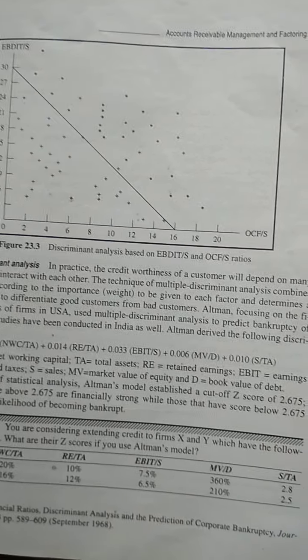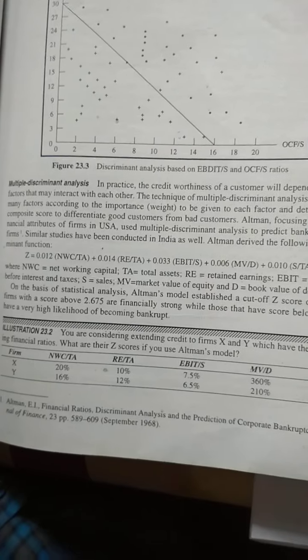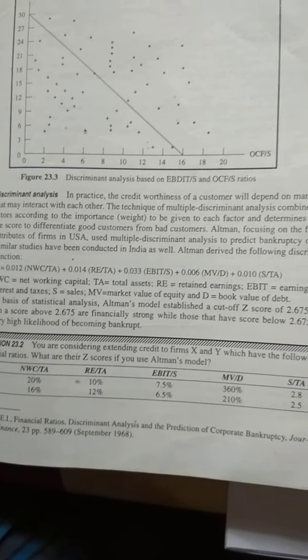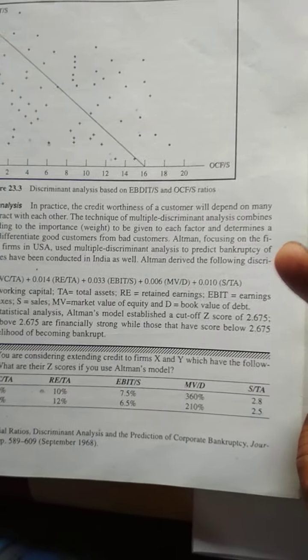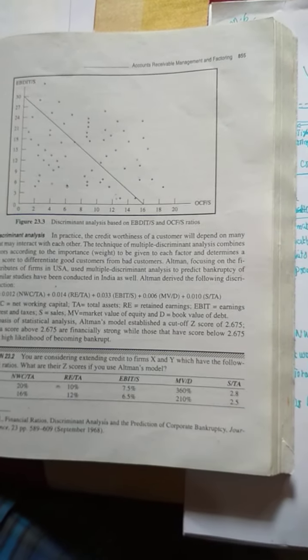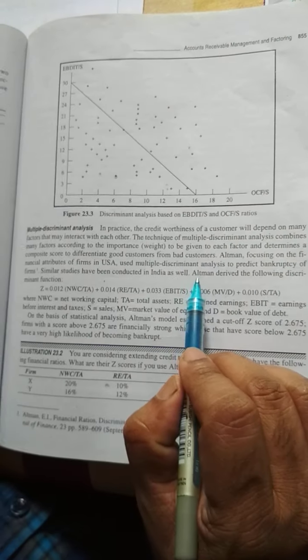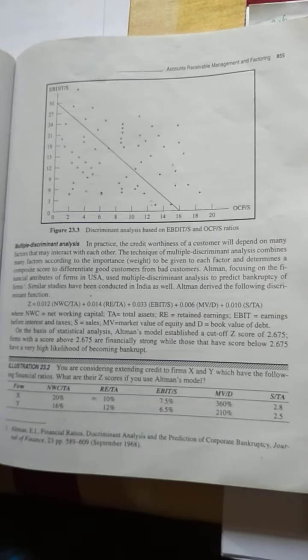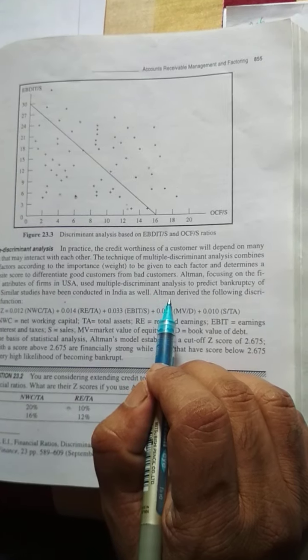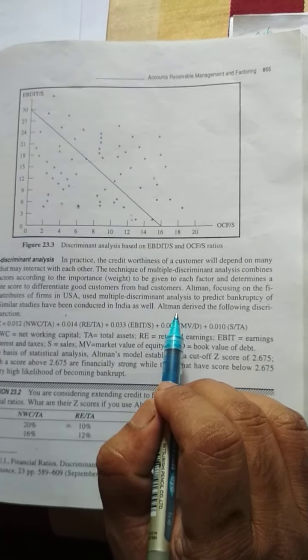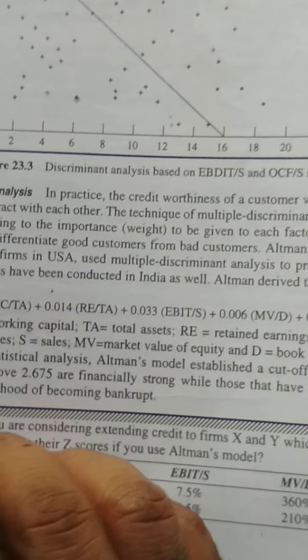There is something called multiple discriminant analysis. When there are various factors which we have to look into before providing credit terms to the debtors, it is called multiple discriminant analysis. There is something called Altman's Z score which we apply in multiple discriminant analysis. What is this Altman Z score?